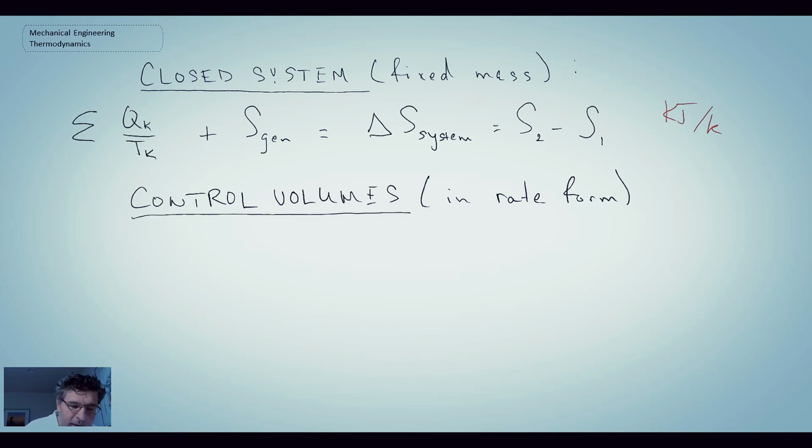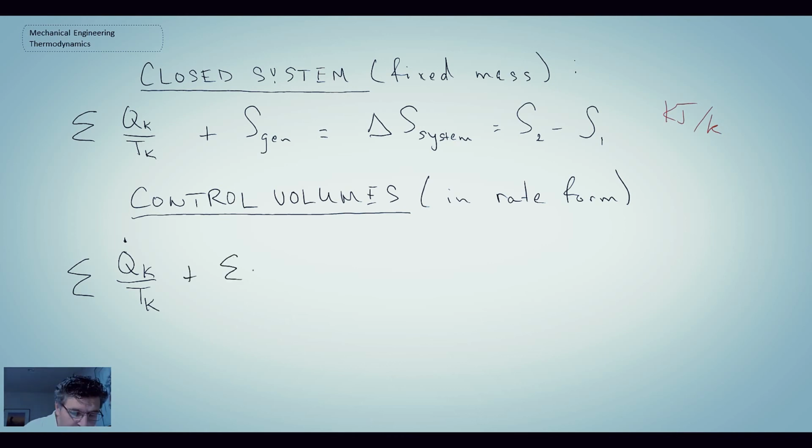But the form of the entropy balance, and be careful with these expressions because the temperature in the first term with heat transfer needs to be in Kelvin, not in degrees Celsius.